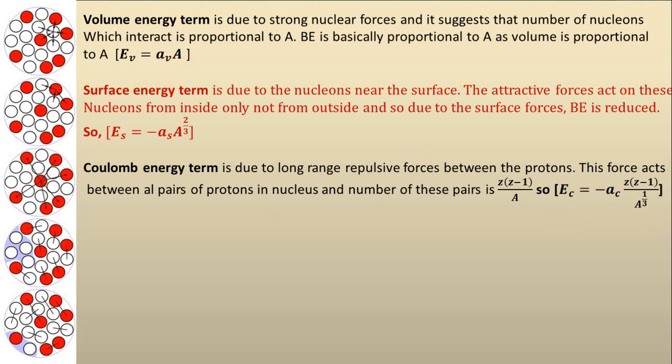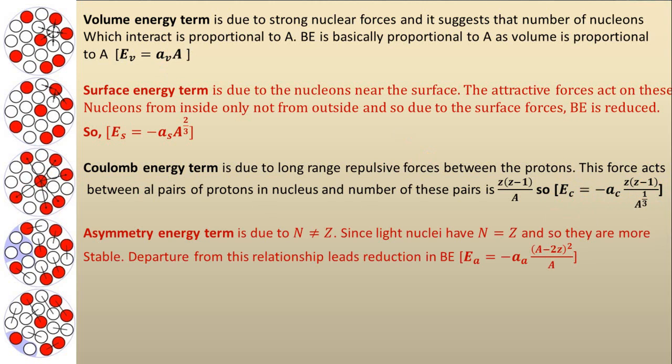Okay, so the next reduction is due to the asymmetry energy term, and this is due to the excess of neutrons present inside the nucleus. So what does this mean? As we all know, for light nuclei, mostly in the nucleus, the number of protons is equal to the number of neutrons. Normally N equals Z for light nuclei, and that's why they are more stable.